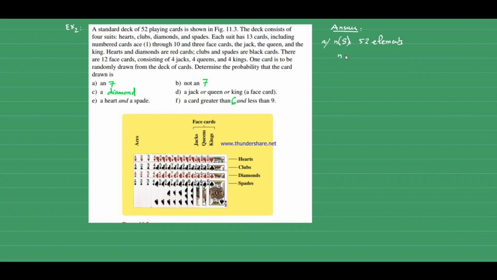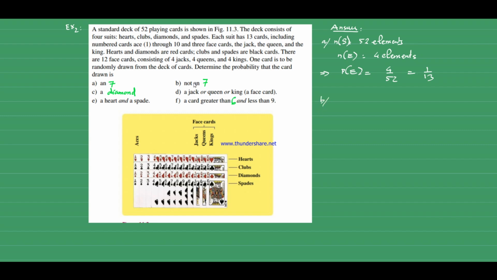However, the favorable outcome, the cardinality of the event, is 4 elements, because we have 7 heart, 7 spade, 7 club, and 7 diamond. So the probability of the event will be 4 over 52, which is 1 over 13.